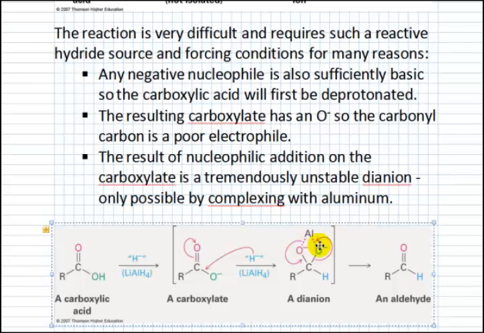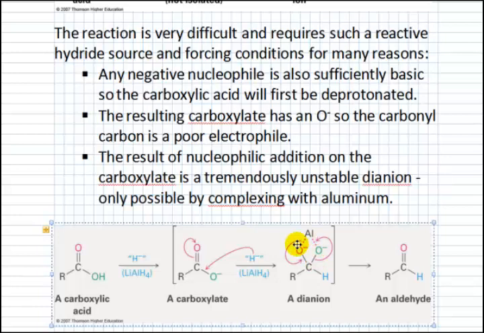Aluminum complexes with those oxygens, meaning it forms partial bonds with them that stabilizes them somewhat. So if all we had was just two O-, there's no way that molecule would survive. Aluminum is able to do that. So this sort of intermediate here with aluminum complexed to both of those O-, it's sort of like the four-membered intermediate in the Wittig reaction.